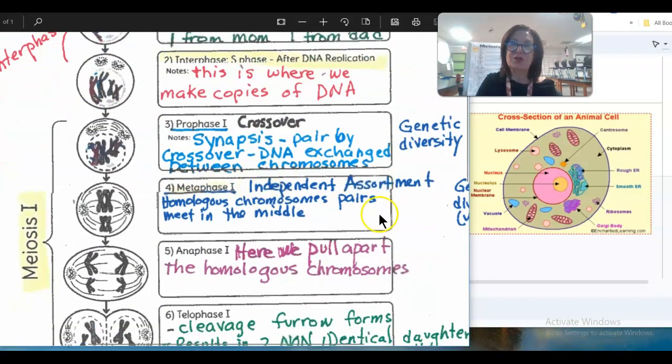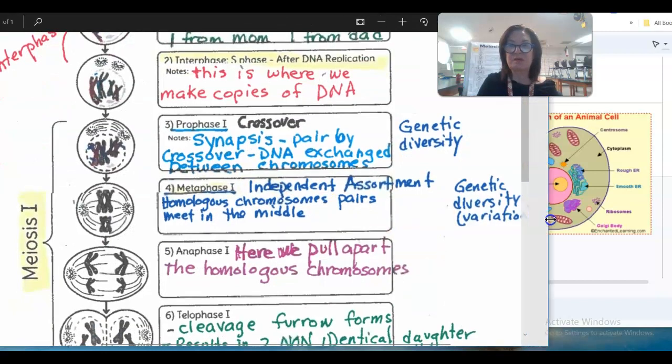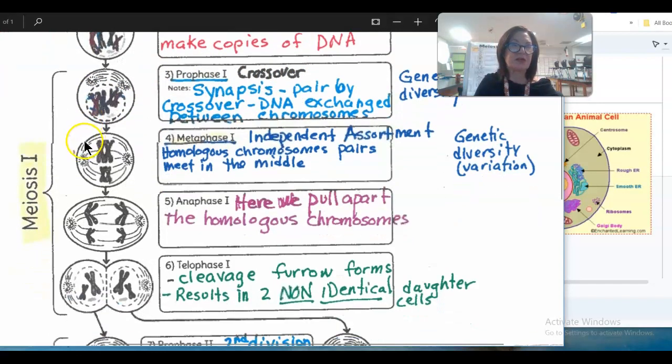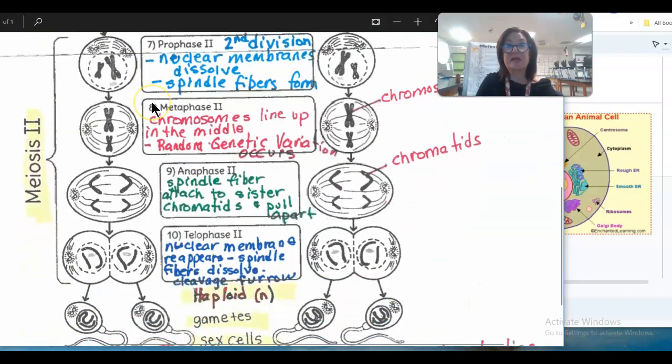Now we're going to go to prophase 1. Before that, if you look on the side here, it says meiosis 1. So this is going to be the first part of the division. Next, I have meiosis 2, which is the second division. So in meiosis, I have 2 divisions. I have meiosis 1 and I have meiosis 2.